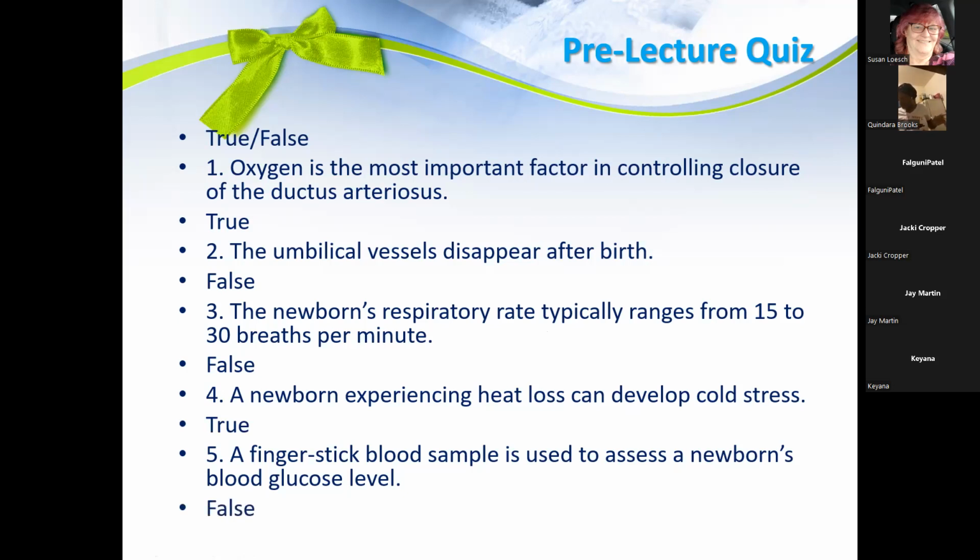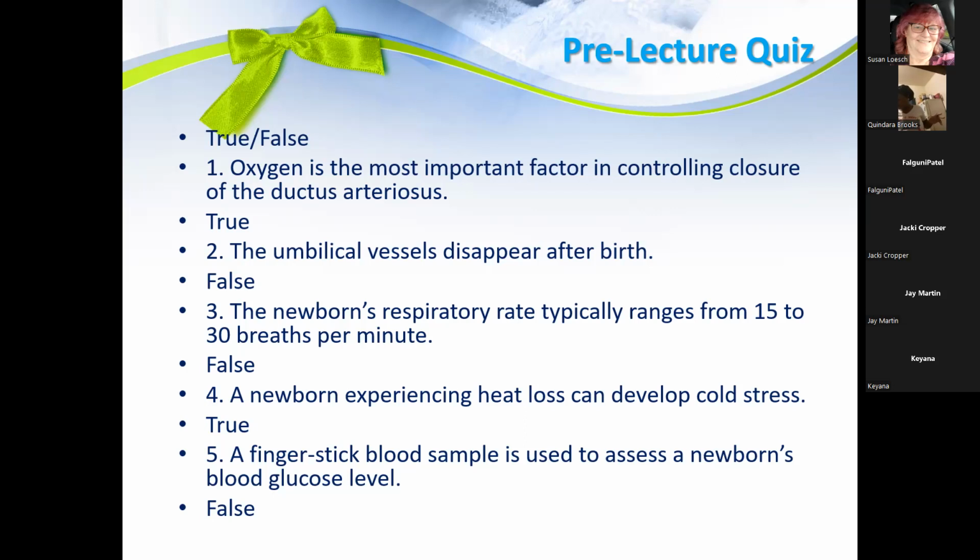So oxygen is the most important factor controlling the closure of the ductus arteriosus. It depends on that high oxygen content in the aortic blood from taking in that first breath. The resistance to the lungs will decrease at birth, and that allows more blood flow to the lungs, which will also help oxygen exchange in those lungs.